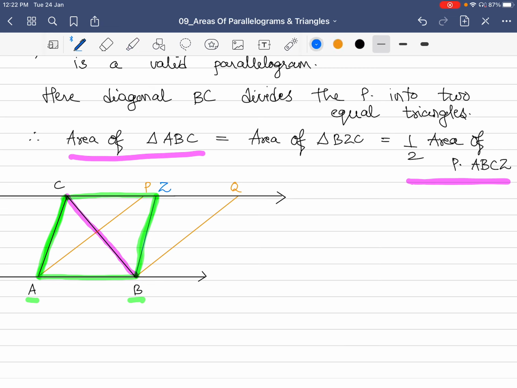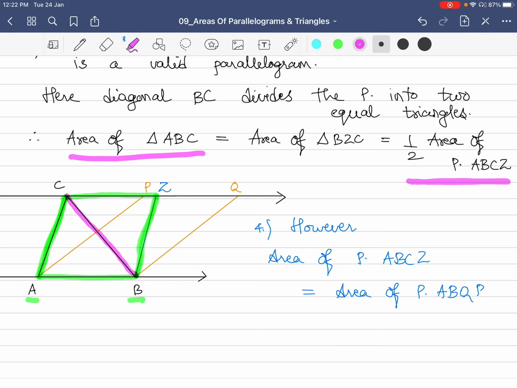However, now important point, point number 4. However, area of parallelogram ABCZ is equal to area of another parallelogram, which is ABQP. Now I am going to use another highlighter.